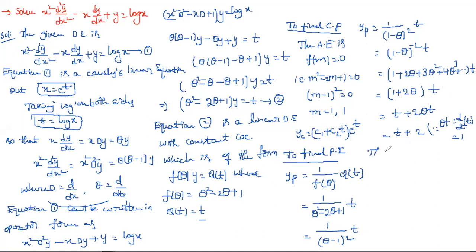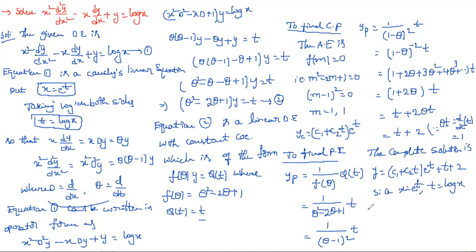Therefore the complete solution or the general solution is y = yc + yp. yc is what we got, (c1 + c2 t) e^t, plus t plus 2. But our given equation is in terms of x and y, and the final solution should also be in terms of x and y. So since x = e^t and t = log x, we need to substitute these.